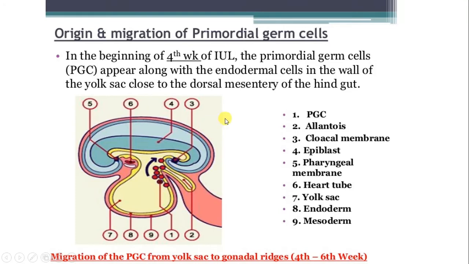So the source of primordial germ cells is endodermal, close to the wall of the yolk sac, close to the dorsal mesentery of the hindgut. Here we can see the origin of the primordial germ cells, and from here the cells will migrate to the gonadal ridge, and this process is completed in the fourth to sixth week.